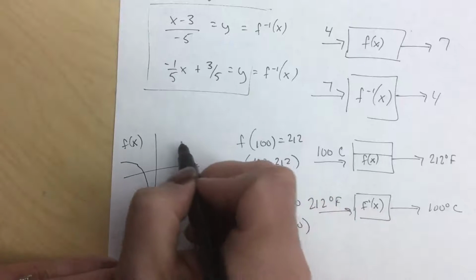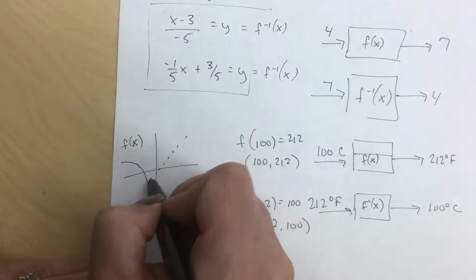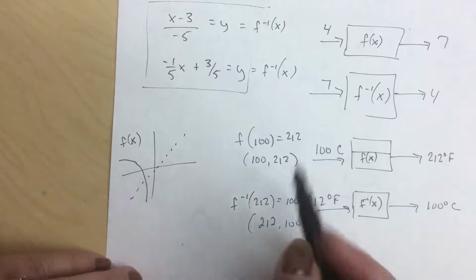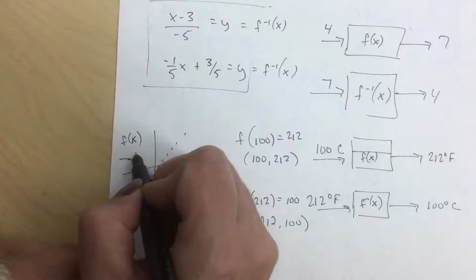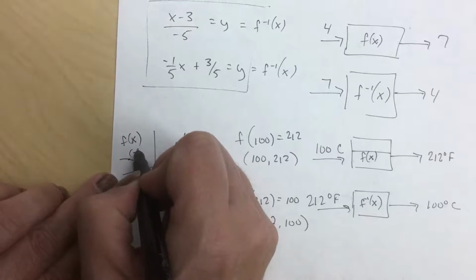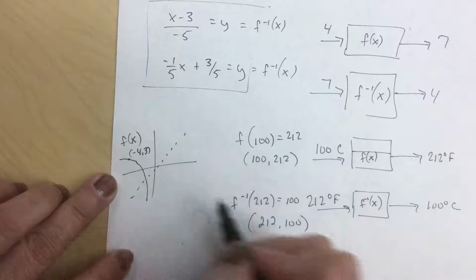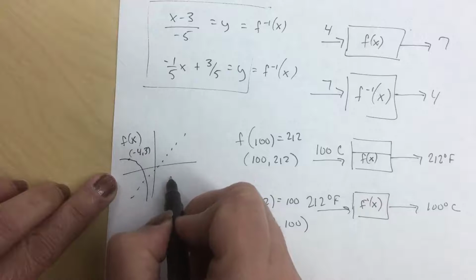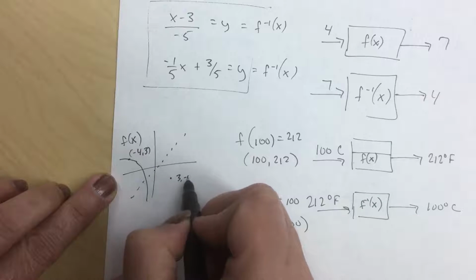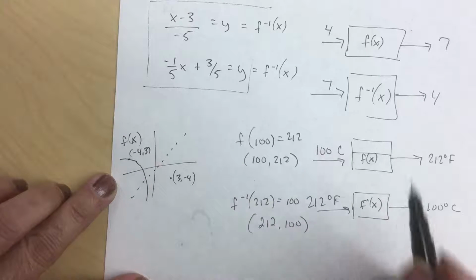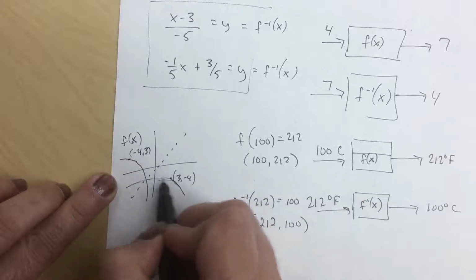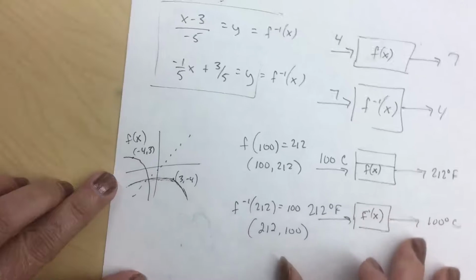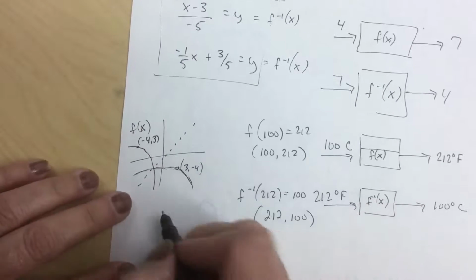For f inverse, because the x and y flip places, it is a reflection over that line. Let's say this is the point negative 4, 3. It's going to have 3, negative 4 on the graph. So it would look something like this. It's a reflection over that line.